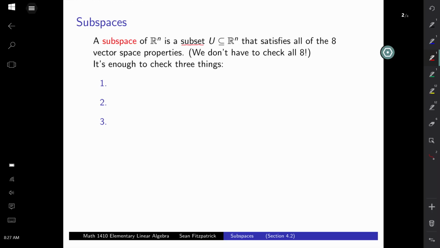So in this case, our large set is Rn. And so when we say that U is a subset of Rn, we mean that U is some collection of vectors or points in Rn, depending on how you want to view things. But we're going to view elements of Rn here as vectors. So it's some collection of vectors. They're all n-dimensional vectors, but we're not necessarily considering all possible vectors in Rn, only some vectors in Rn.